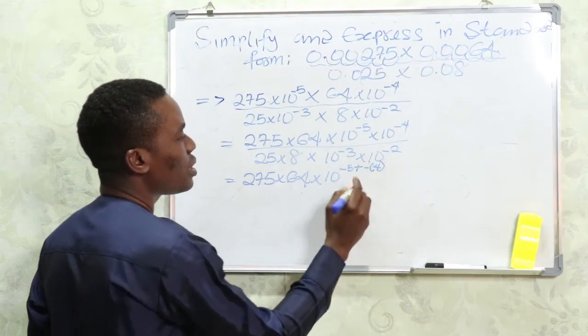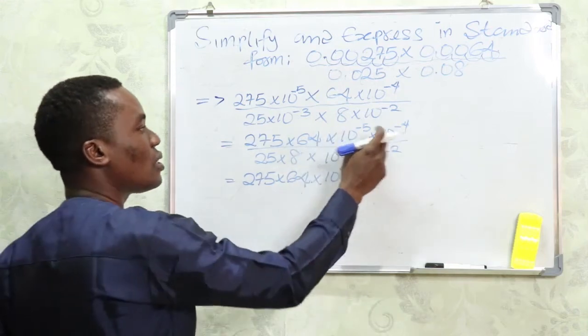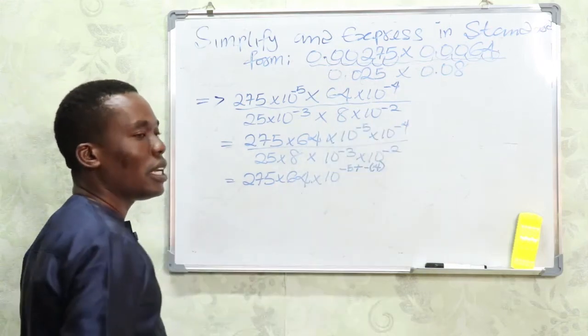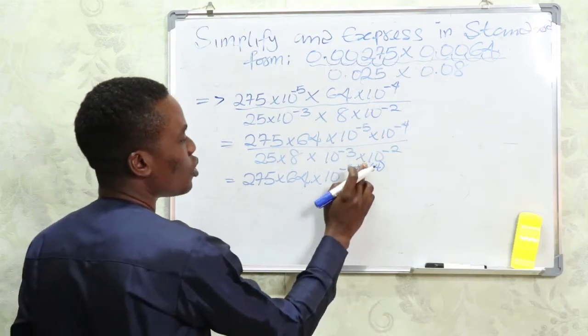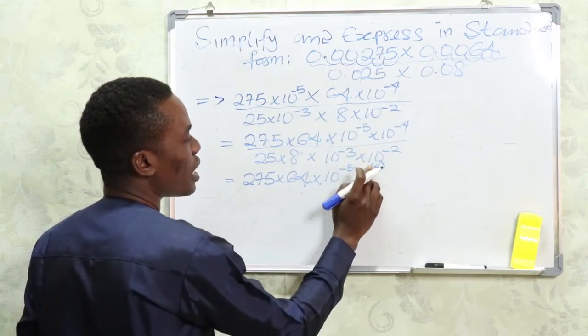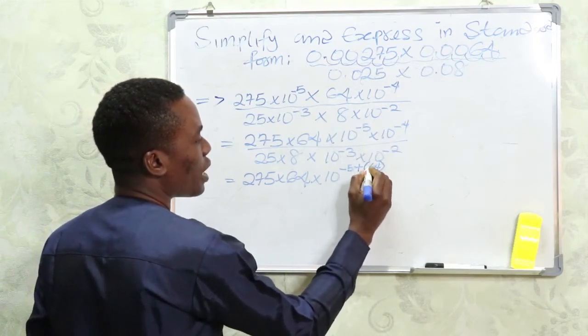Remember your indices: if you are given these two values with the same base, you add the powers. Now if you add that, it's going to give you this. So to save our space, minus times plus, this will give you plus bracket minus 4.